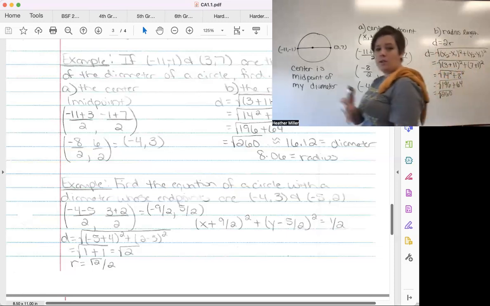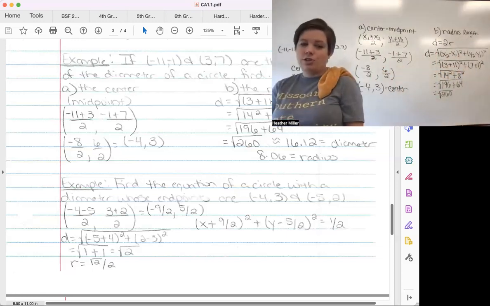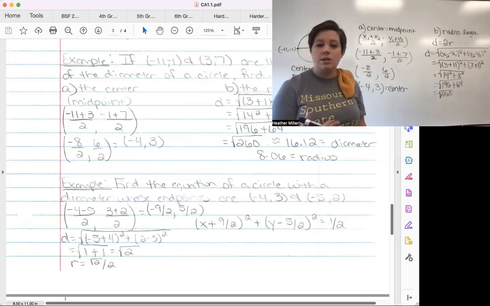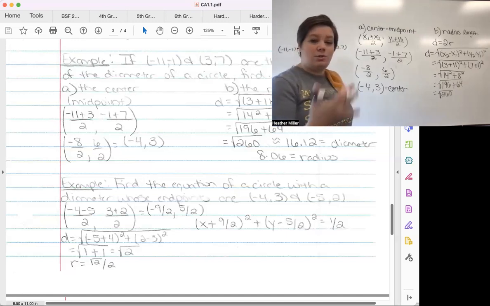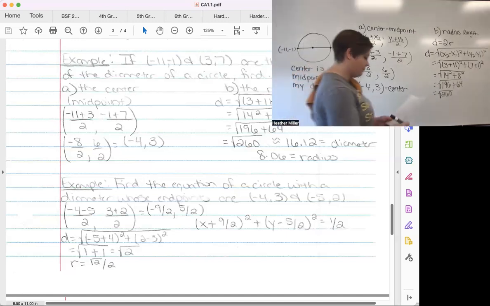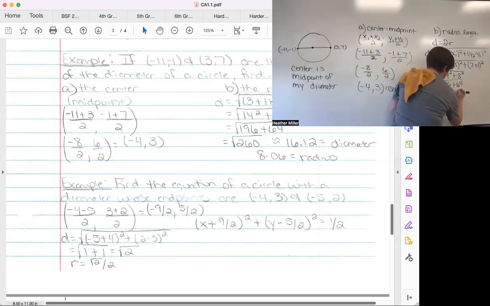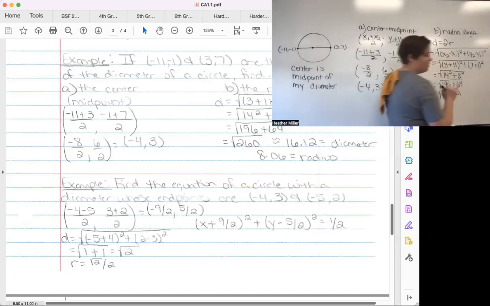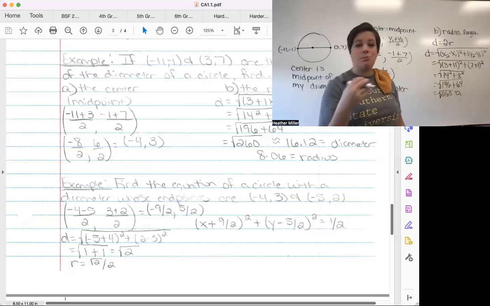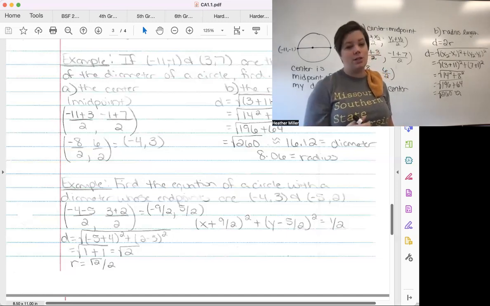Now, you wouldn't know this because I didn't write down all of the instructions on here, but it does say that I'm allowed to round to the nearest hundredths place. So I'm going to use a calculator to find the square root of 260. Well, the square root of 260 is approximately, if you look at my notes, I use the curly equals. That means approximately. That means I did some rounding.